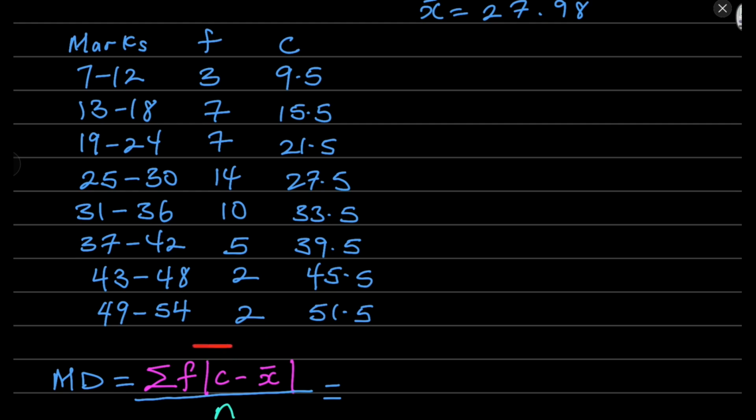Our formula says find the absolute value of c minus x bar, which is the same thing as saying the absolute deviation from the mean.